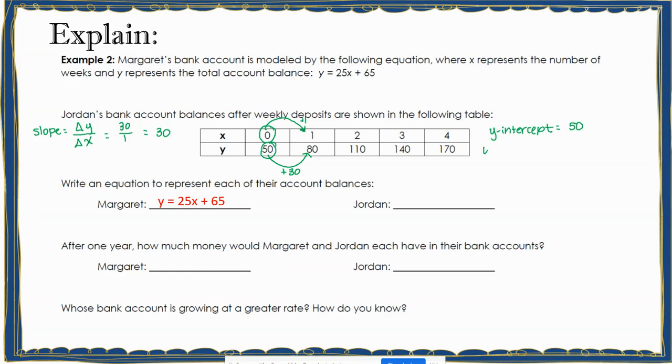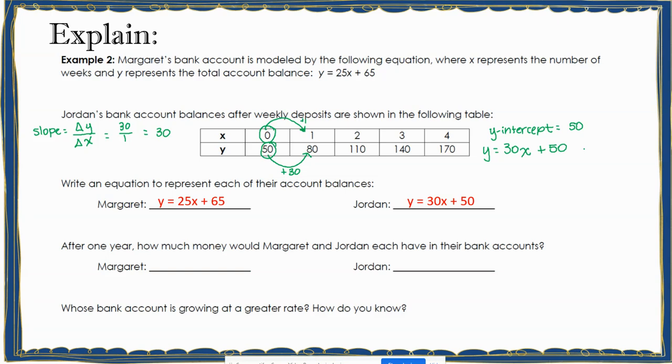My equation is going to start with y equals, and since the slope is 30, I'm going to say 30 times x. And since the y-intercept is positive 50, I'm going to say plus 50 for that. So the equation for Jordan is y equals 30x plus 50.